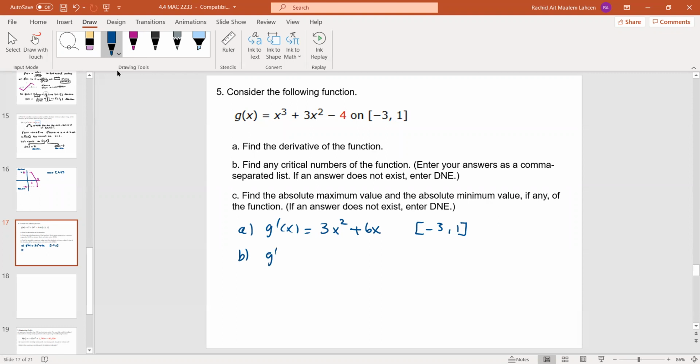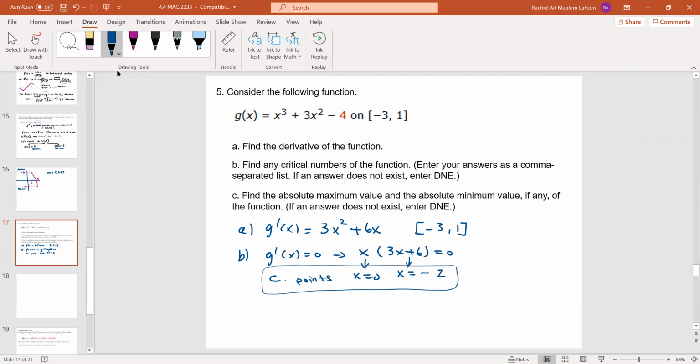So when you set it to 0, because here nothing makes it discontinuous, you should get 3x times (x plus 2) equal to 0. By the zero product property, you set them to 0 and you get 0 and -2. So these are the critical points.